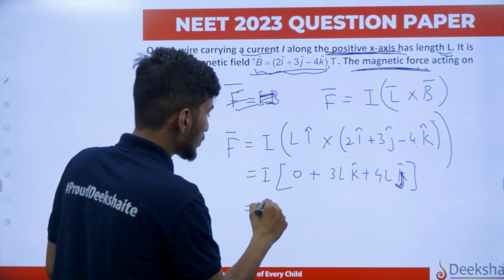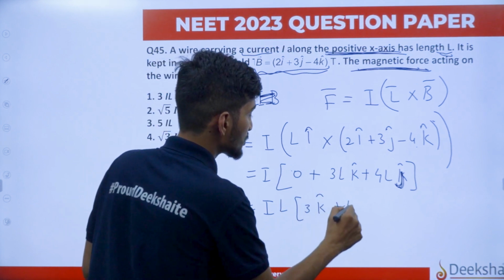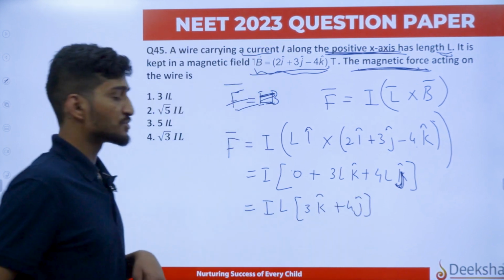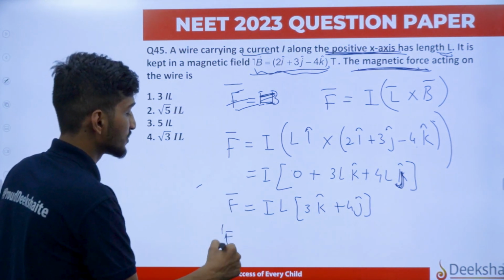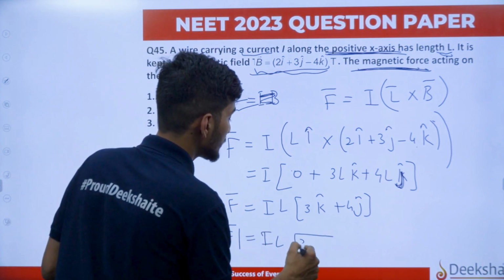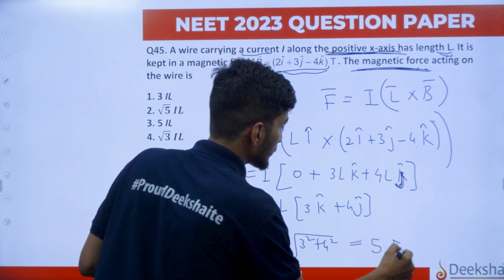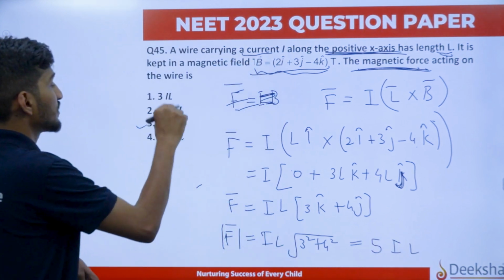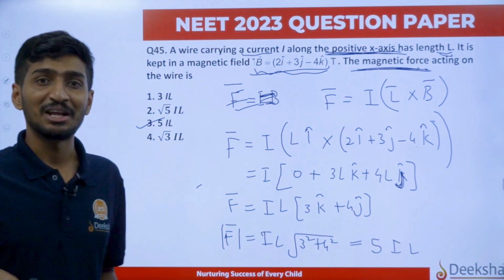I can take L out of this, IL, 3 k cap plus 4 j cap. If somebody asks you to calculate the magnitude of this force, you will just say it should be IL root of 3 square plus 4 square, or 5IL. Option number 3 should be the correct answer for this question. Get it? Alright, let's move on to the next one.